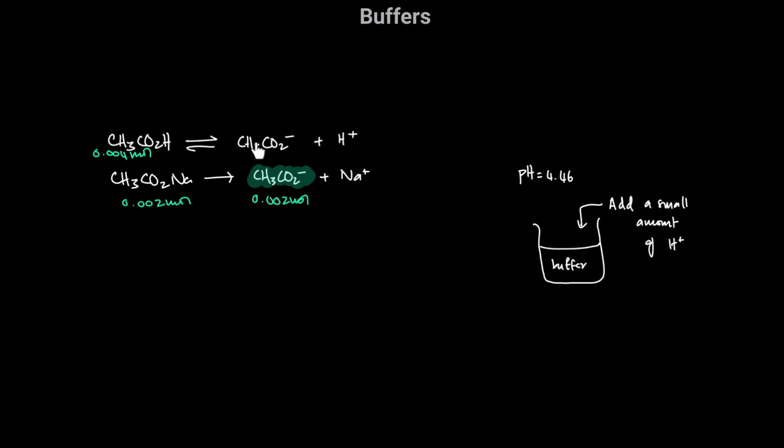And what that does is it also shifts this equilibrium to the left. So we have a fairly large amount of unionized acid as well. It's already a weak acid and barely ionizes, and when we increase the concentration of the conjugate base, this equilibrium shifts to the left. So it was already fairly unionized, and now it's even less ionized.